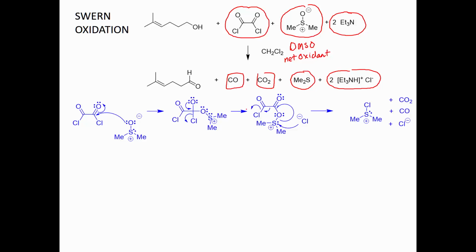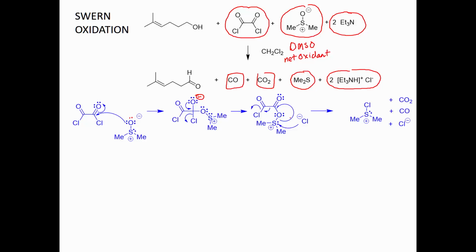With the sulfoxide drawn this way, you can see that the oxygen is nucleophilic. Oops, I do not have enough lone pairs there, sorry. It's going to do the nucleophilic addition. This is going to now kick out chlorine to produce this.